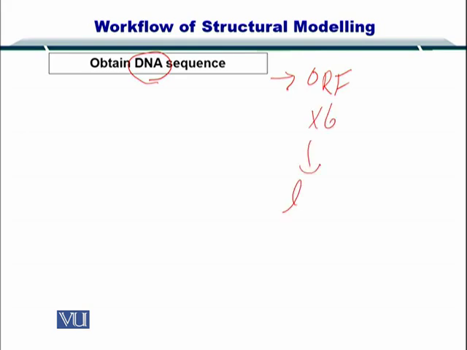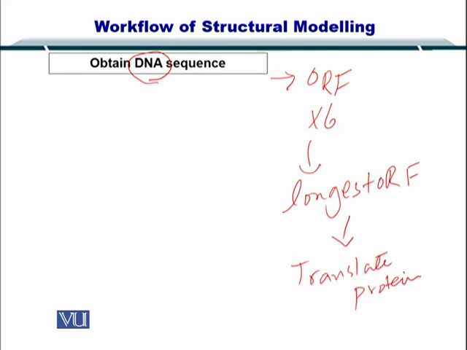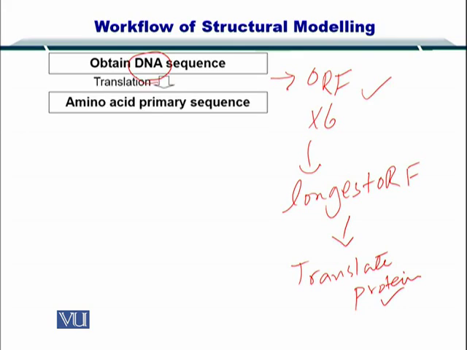And then you find the longest ORF, which is then used to translate the protein. So by looking at the ORFs and then the translation process, you can come up with the amino acid sequence or the primary sequence.